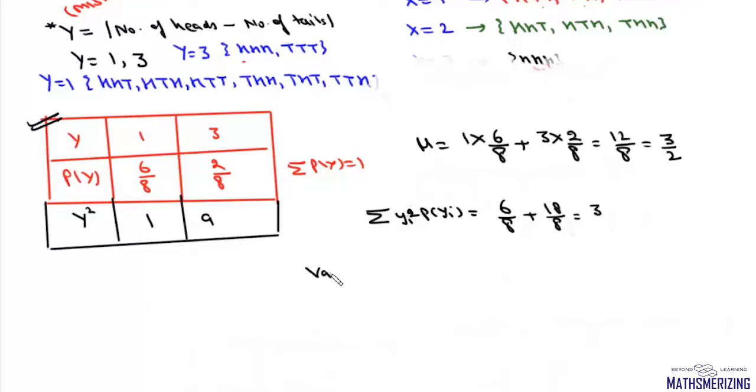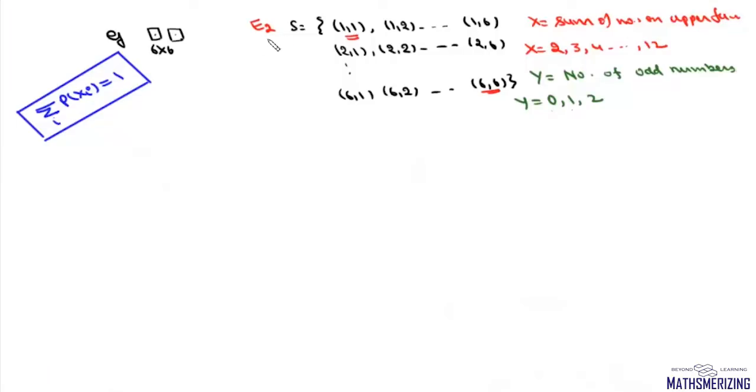And in this case, the variance of y is this summation yᵢ² into P(yᵢ) minus μ², which is 3 minus μ², and that is 9/4, and it will be 3/4.